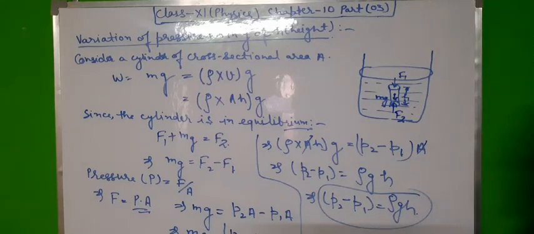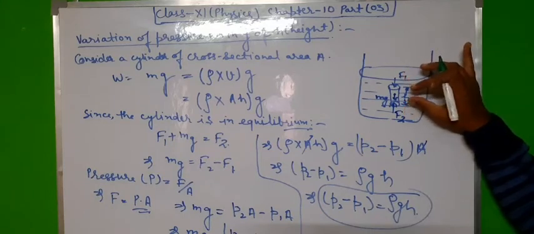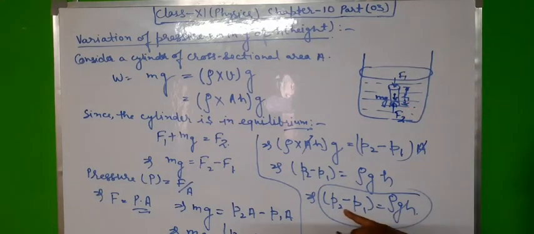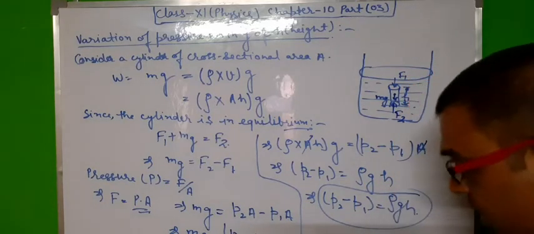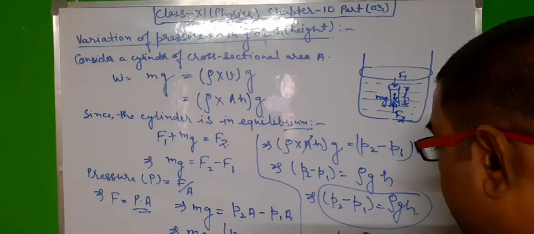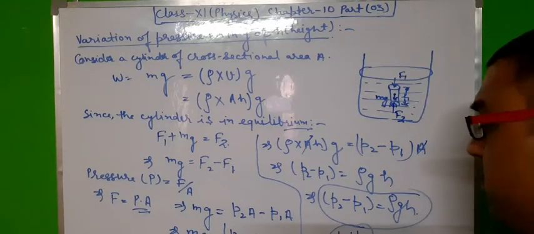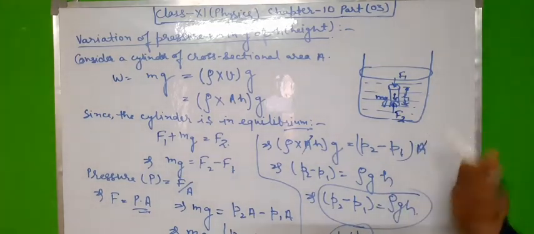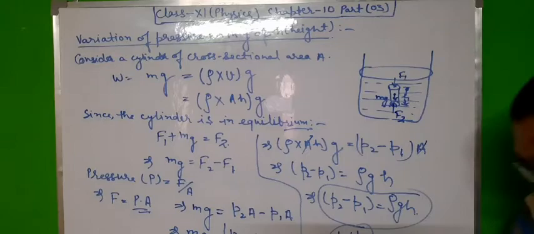It means that as the height of the cylinder increases, meaning if there is more height between these two forces, the pressure difference will be more, and if the height is less, it will be less. Because g is the same and density is the same, pressure difference is directly proportional to h.